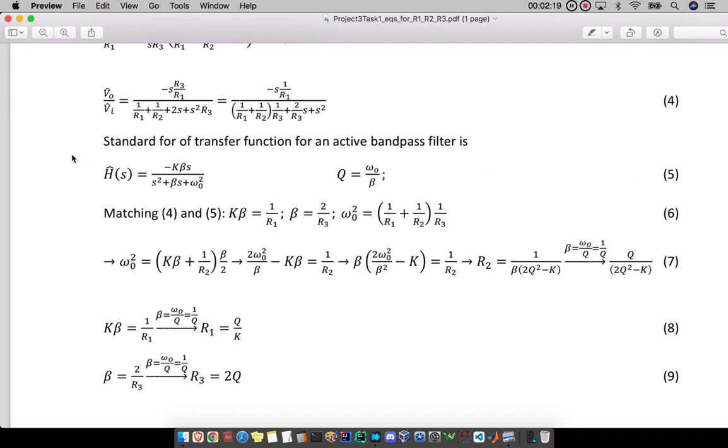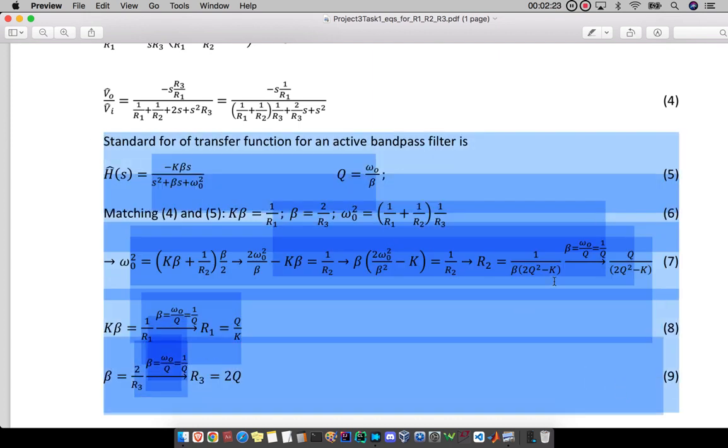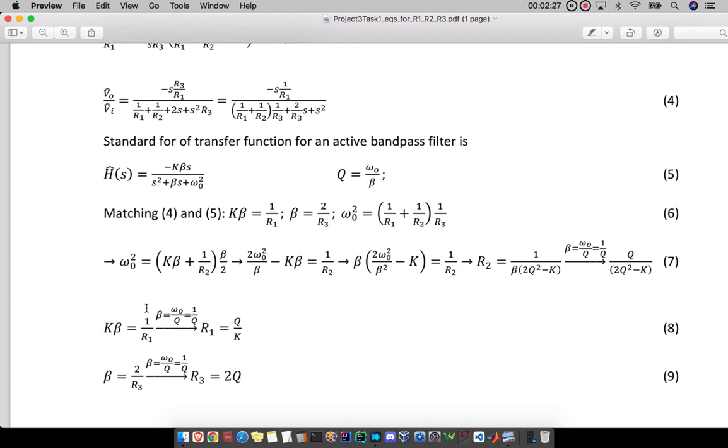So then afterwards, this is where we have to solve for R1 and R2 and R3 individually, like so, for the given bandpass gain, our bandwidth, our quality factor, our frequency, and so on.